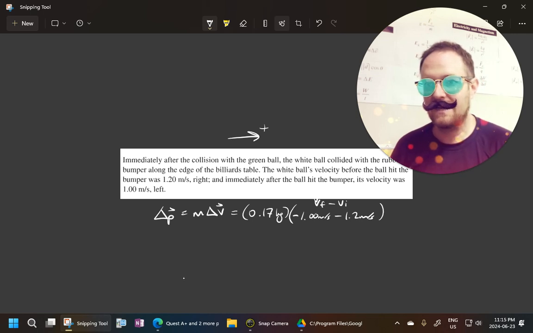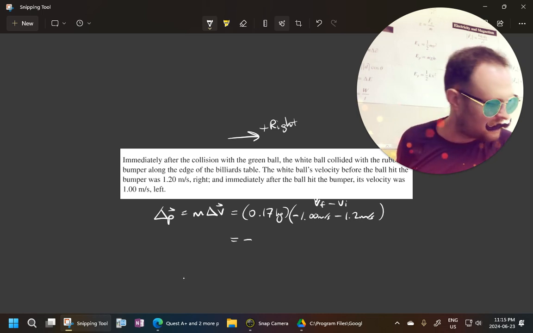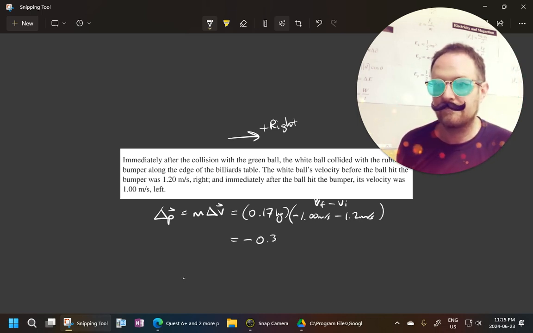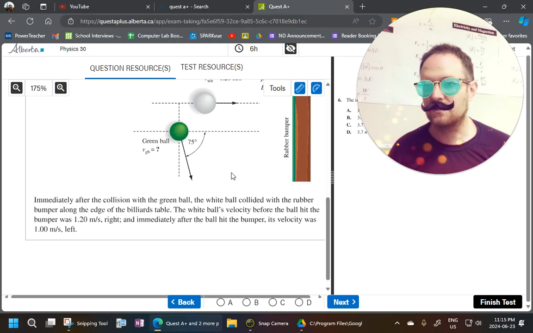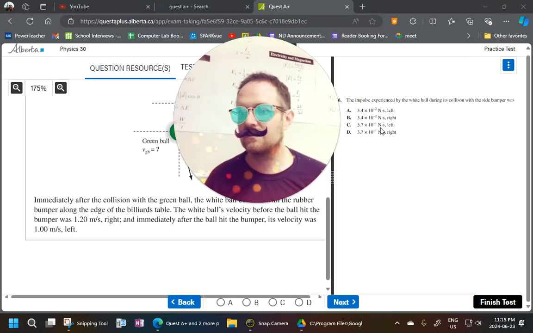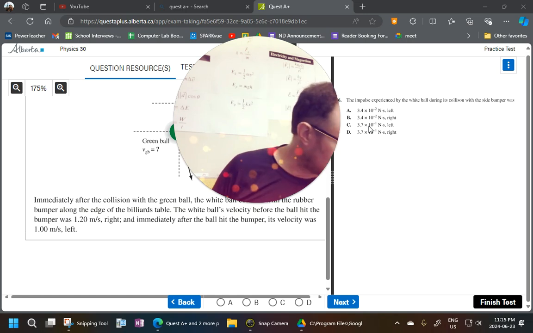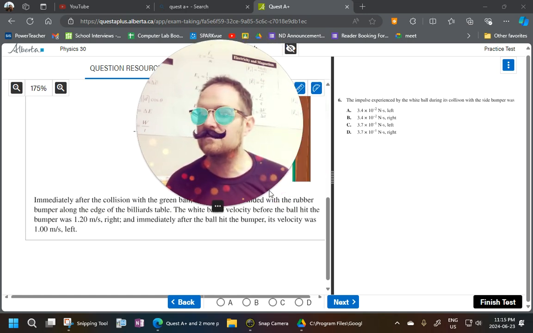The reason it ends up being negative is because it's going the other direction. If this is to the right, then because I got a negative, that means this is going left. I don't know if that's going to be important here. Let's see, are we looking for magnitude or not? It is definitely going left here. So 0.37. Yep, it'll be C.